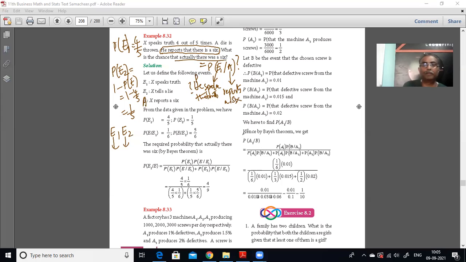Do you understand what this means? P of E1 given A means, given that this fellow reported a 6, that is, he gave an arbitrary event, there is a 6 that has fallen, what is the probability that he spoke the truth?